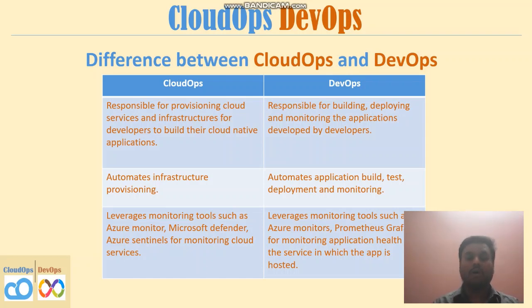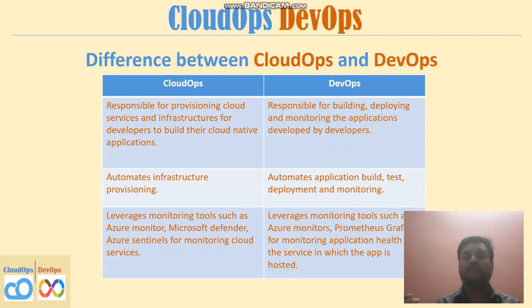The CloudOps team leverages monitoring tools such as Azure Monitor, Microsoft Defender, and Azure Sentinel for monitoring cloud services. Yes, so in Azure we have various security as a service. For example, Microsoft Defender is there, Azure Sentinel is there. These continuously monitor the infrastructure in a particular subscription, and keep providing recommendations and security alerts to the cloud operations team, which they need to follow to increase their security score.